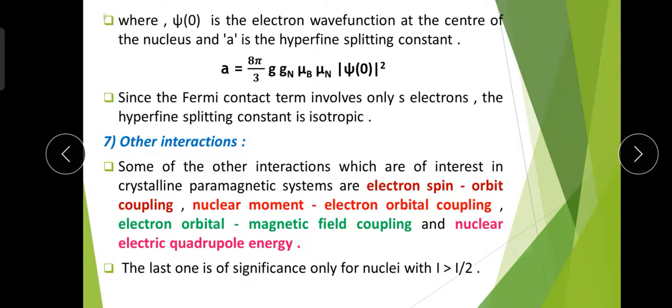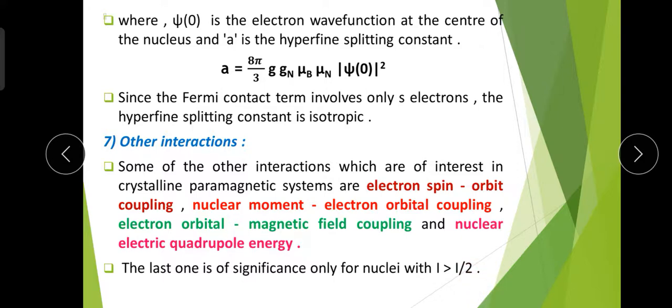The last one is the nuclear electric quadrupole energy. We know that a nucleus may possess a nuclear quadrupole moment, and due to the nuclear electric quadrupole moment we get one type of energy, the nuclear electric quadrupole energy. This is of significance only for nuclei with I greater than 1/2.